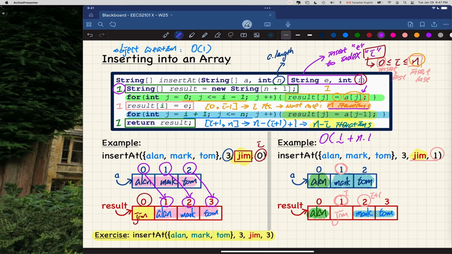N times 1. Plus here we've got this 1. Plus, the second for loop, the number of iterations n minus I, and then times 1 over here. And then finally, we've got 1.